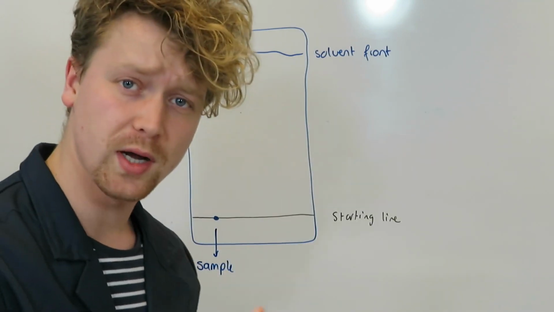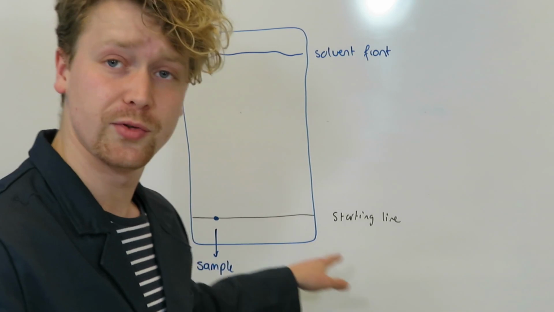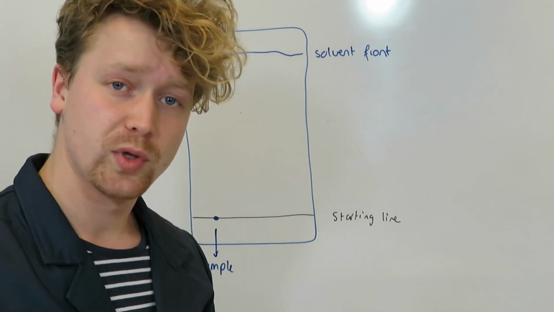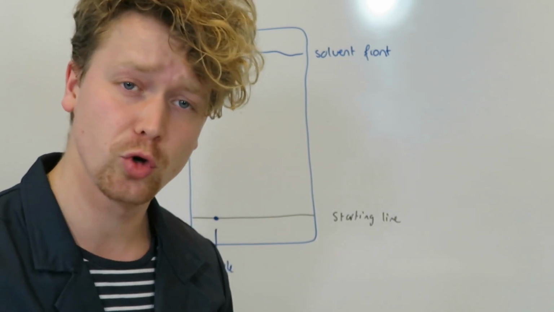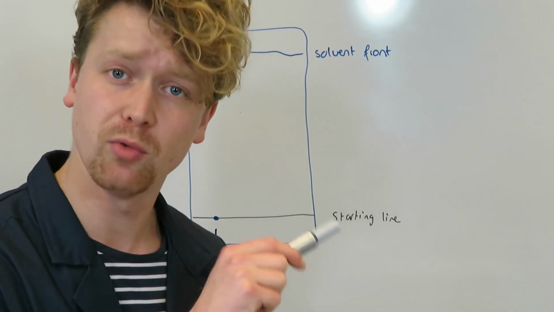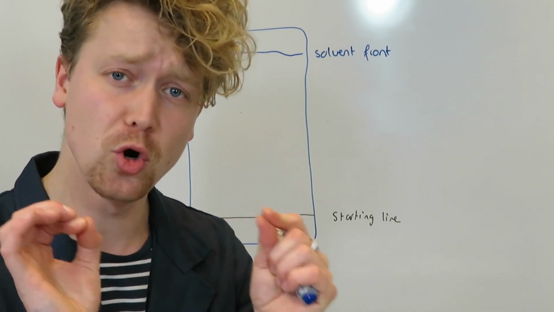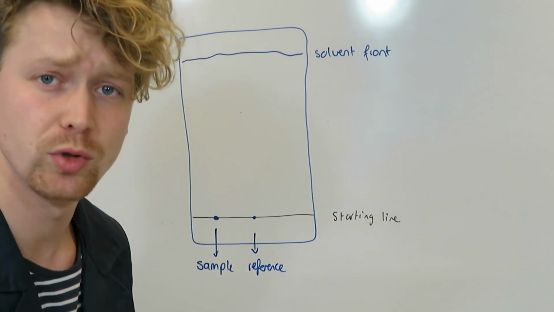It's a sample of what I have made. Dus een monster noemen we dat in het Nederlands. Then I want to compare it with something. With what do I want to compare it? Well, first of all, I want to make sure that I have made actual paracetamol. So my reference should be pure paracetamol. By the way, the order in which I do this is not really important.